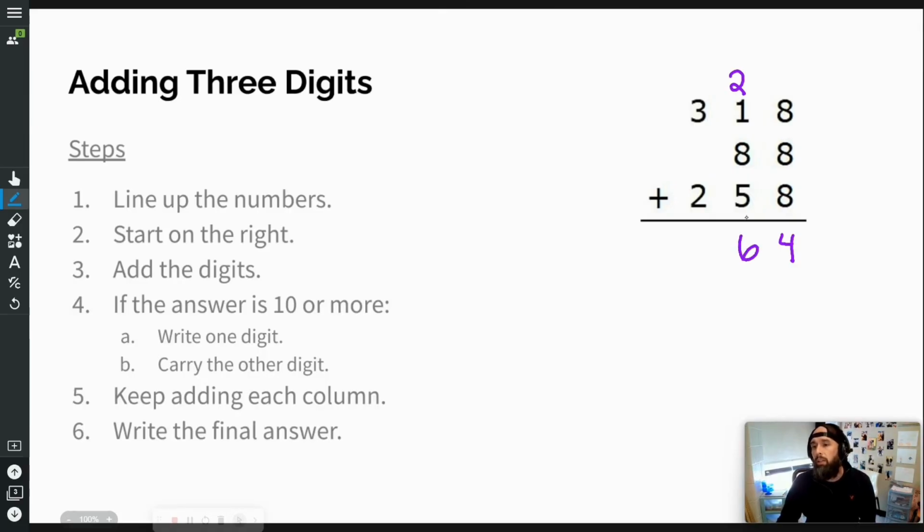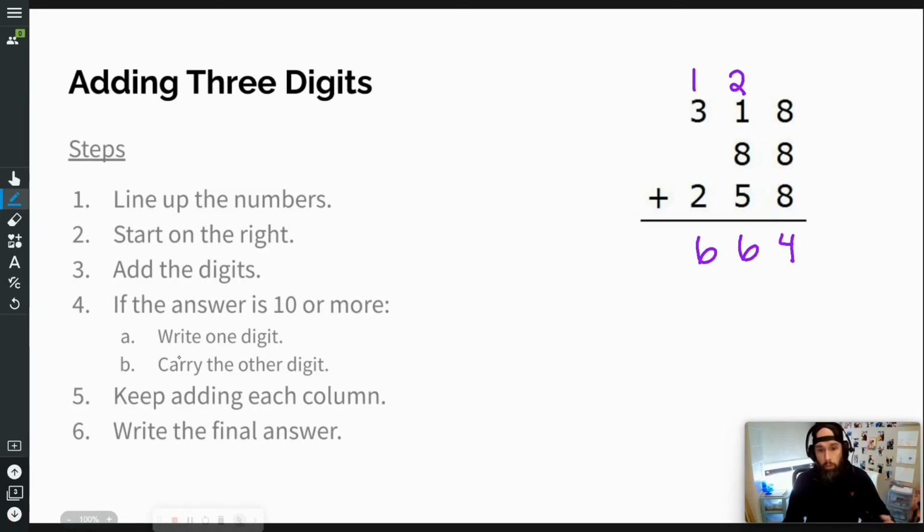Write out your 6, carry the 1. 1 plus 3 is 4. 4 plus 2 is 6. And write out your 6. 318 plus 88 plus 258 is 664. Okay? So that's just adding digits.